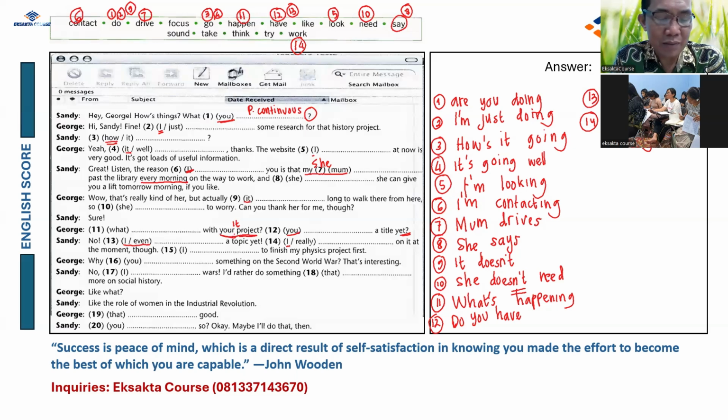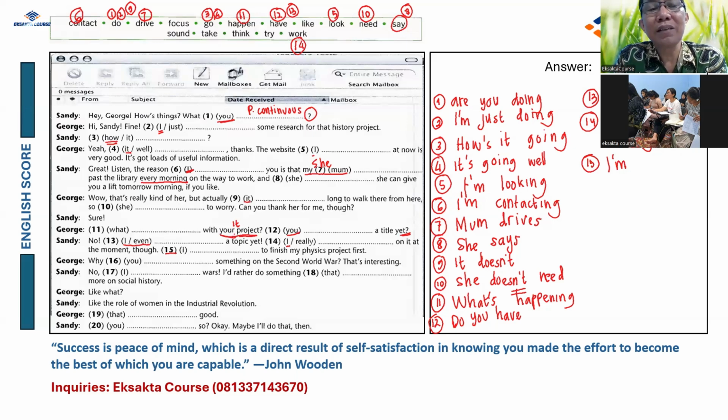Now number 15. Okay, 15, it is present continuous. The subject is I. So to be of I is am.